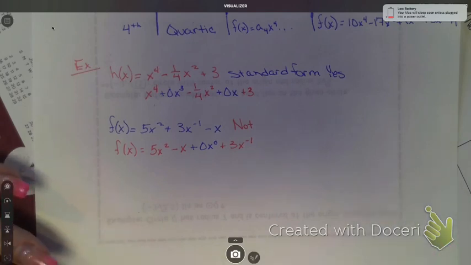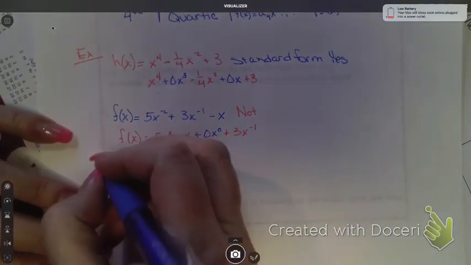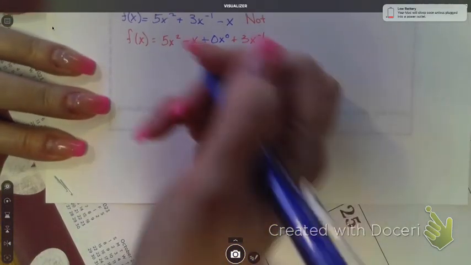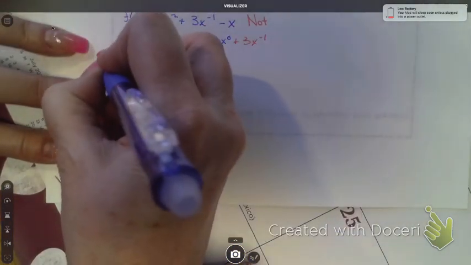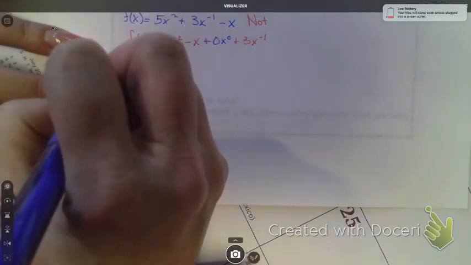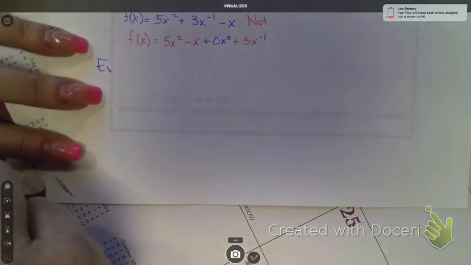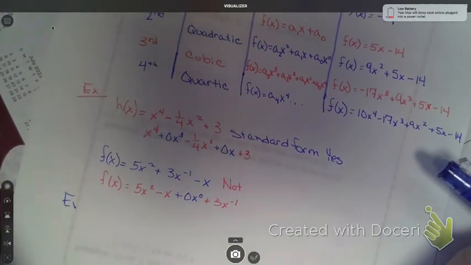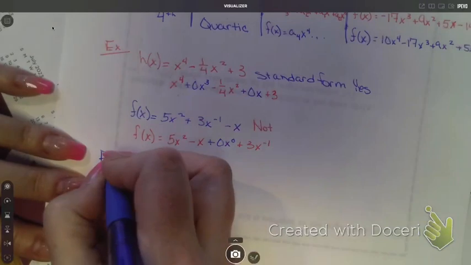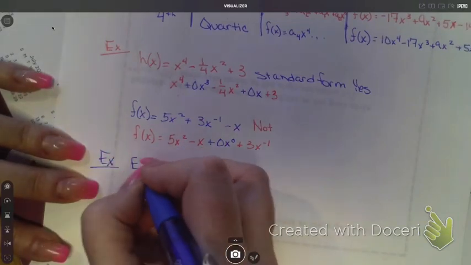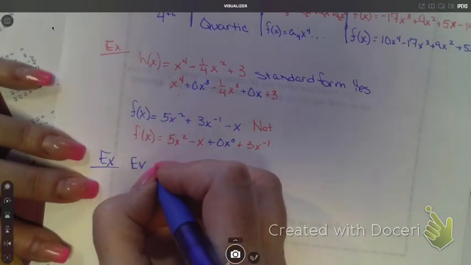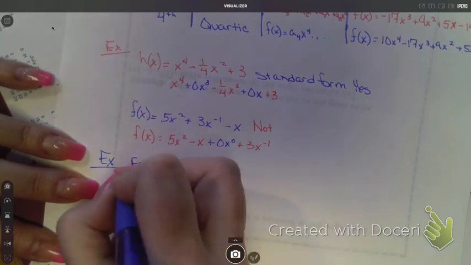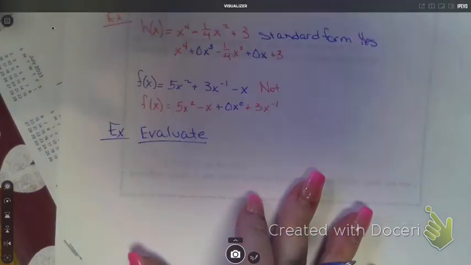Okay, the whole point of today is to evaluate. Evaluate means get an answer. You guys have evaluated functions before.